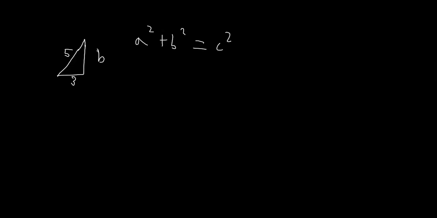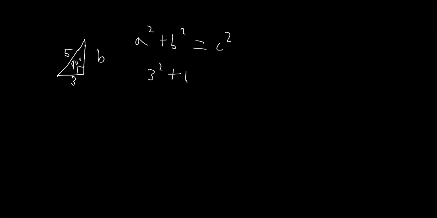Now, we know that a is 3, so 3 squared. Remember that 5 has to be c since it's the hypotenuse. Okay? And I'm already telling you that this is actually a right triangle, so you don't have to worry about figuring out whether it's a right triangle or not.